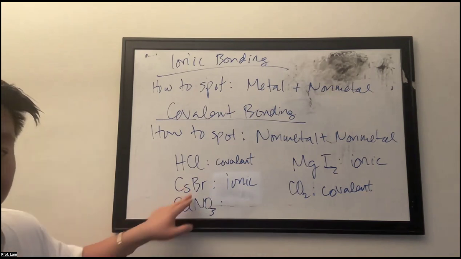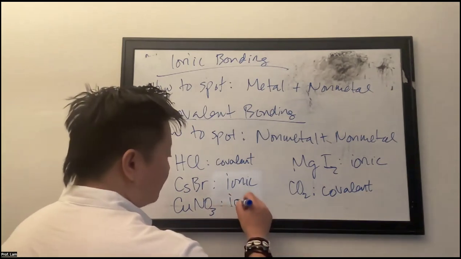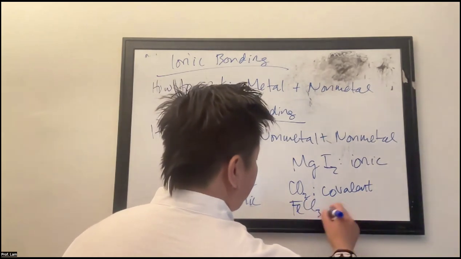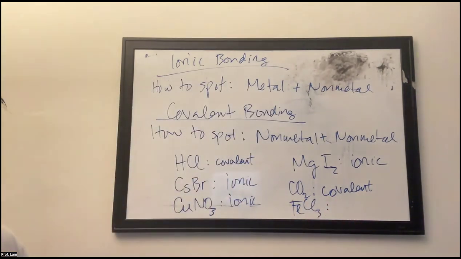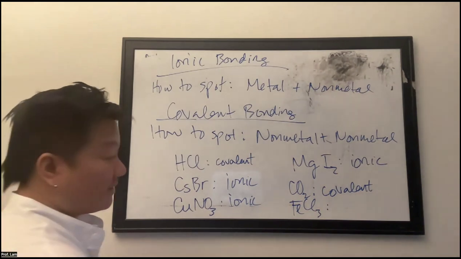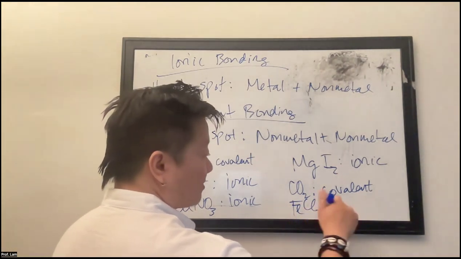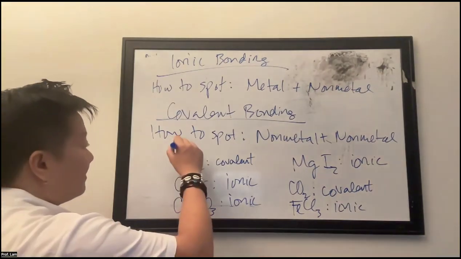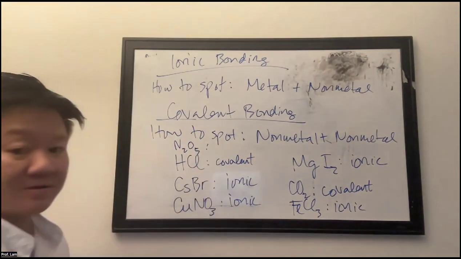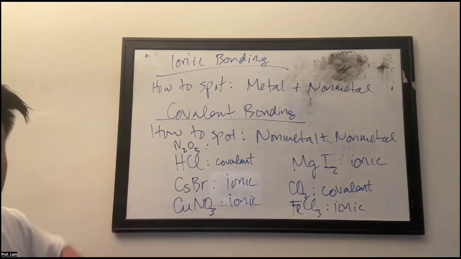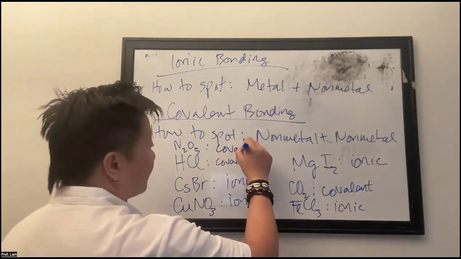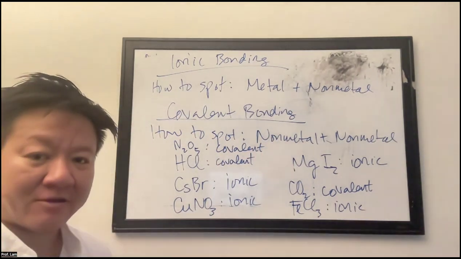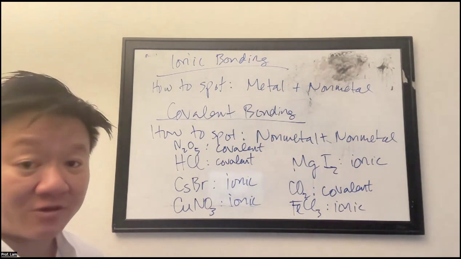So this is a metal, then a collection of nonmetals, still ionic, right? How about FeCl3? Metal, non-metal, ionic. Okay. One more. N2O5. N is non-metal, oxygen's non-metal, so covalent. Yeah, so you should know now how to spot ionic versus covalent bonding.